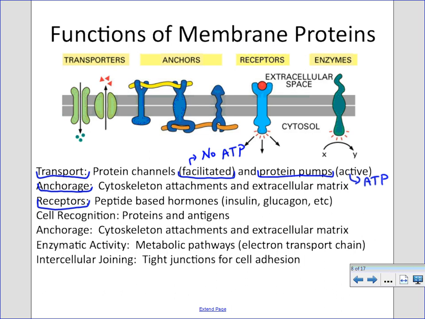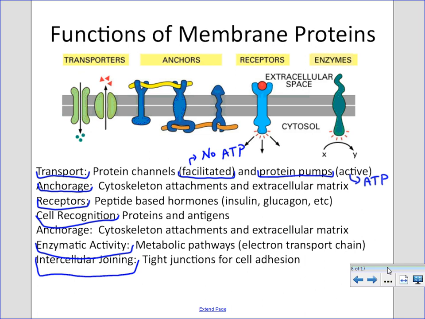They can also act in cell recognition roles. For example, you can have receptors that will recognize certain molecules from foreign substances and then trigger an immune response. They can also have enzymatic activity, where they will initiate metabolic pathways.